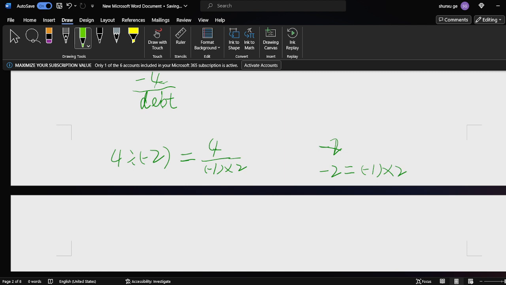Then we have salary. For example, we have a salary of $4. But how many days did we get that for? We work for our boss for 2 days. So 1 day, how much money do we get if totally it is $4? So 4 divided by 2 is 2. That means in 1 day we get $2.